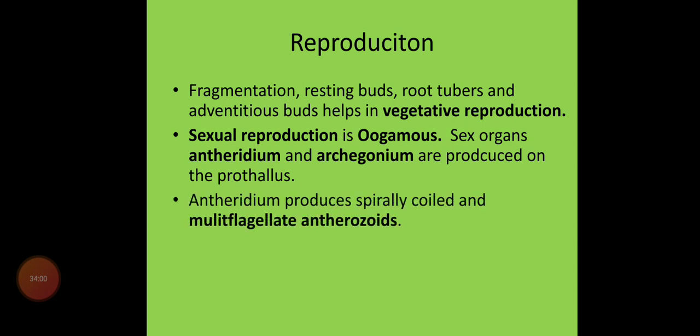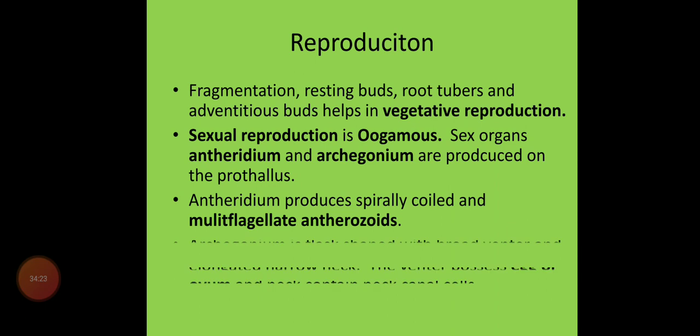Archegonium is the female sex organ, also a multicellular structure. Antheridium produces the male gametes, multiflagellate antherozoids. What is the difference between Bryophytes and Pteridophytes? Bryophytes produce biflagellate antherozoids, but Pteridophytes produce multiflagellate antherozoids.